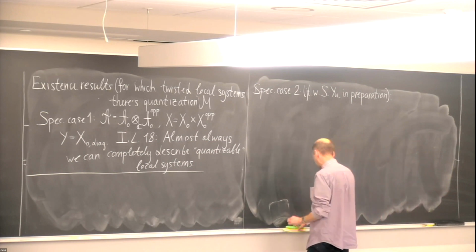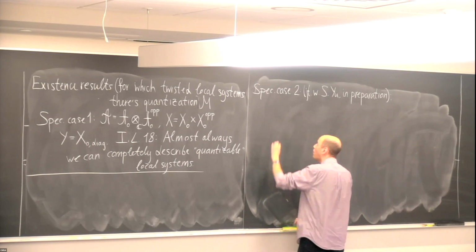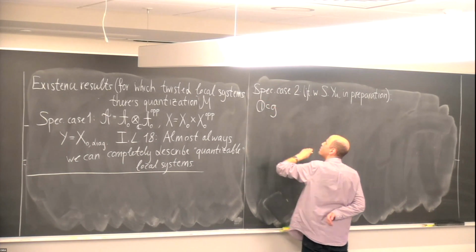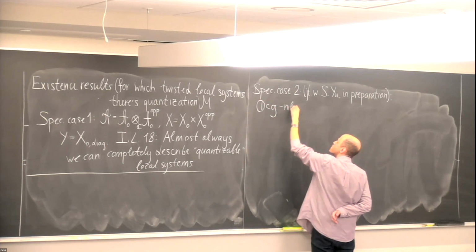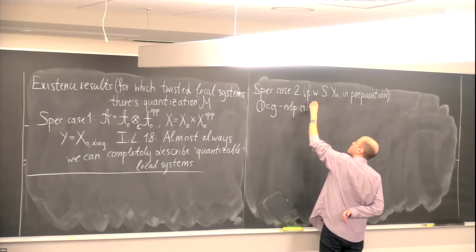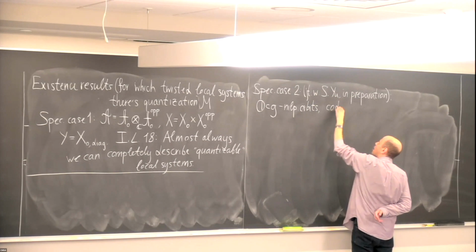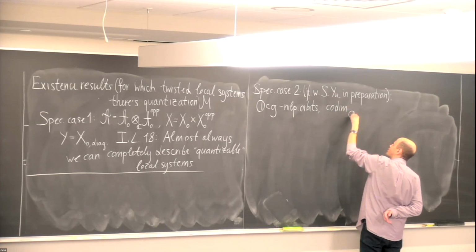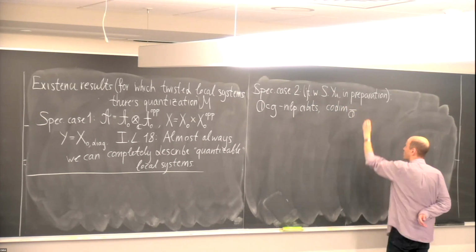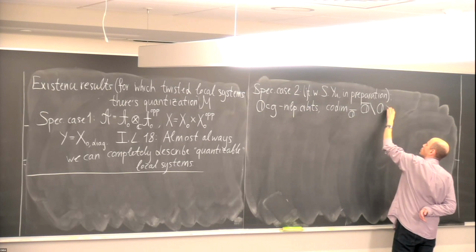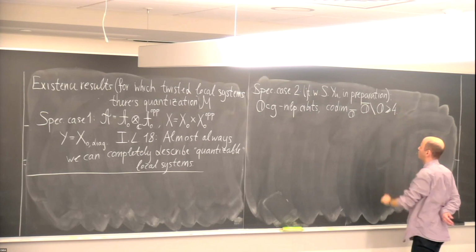And so this is in the setting of nilpotent orbits. And I want the condition that the codimension of the boundary of this orbit is bigger or equal than 4.